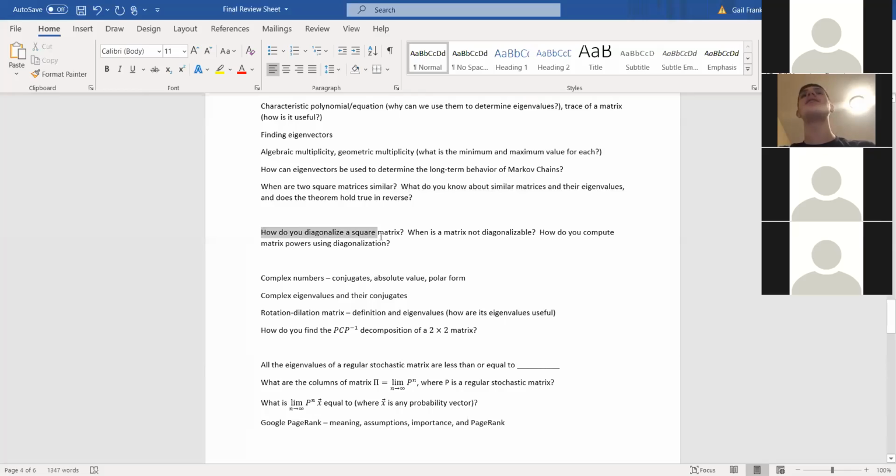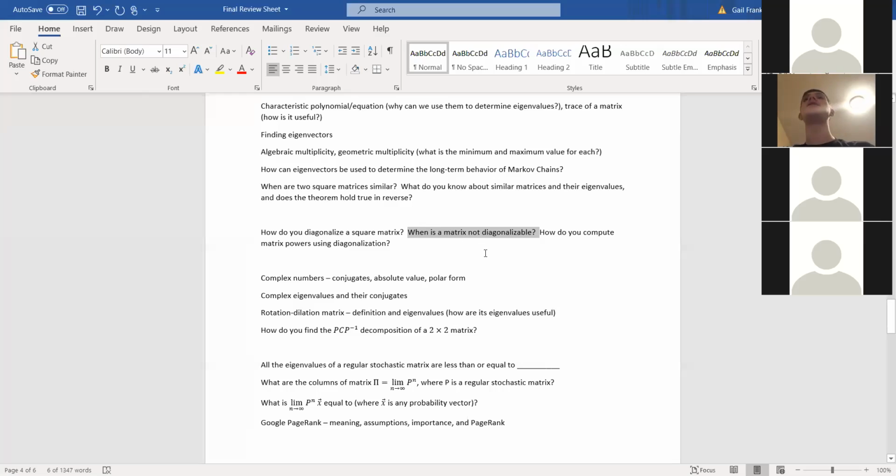Next, diagonalization. That's just an extension of similarity. Diagonalization is A equals P D P negative 1, where D is a diagonal matrix. And a matrix is only diagonalizable if all of its geometric multiplicities are equal to their algebraic multiplicities. So that means you have to have n independent eigenvectors.